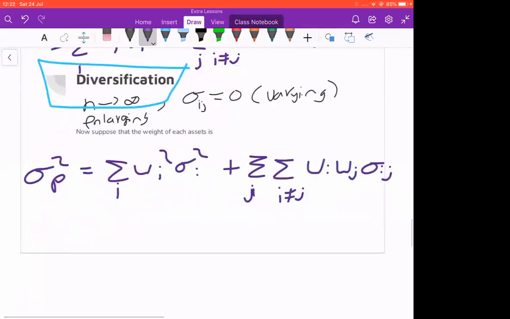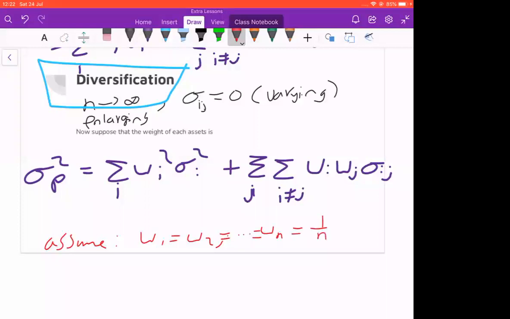There is an assumption they will make first: you let the weight of 1 be equal to the weight of 2 be equal to the weight of n, which simply means that the weight will be 1 over n. If this is the case, there are two scenarios.